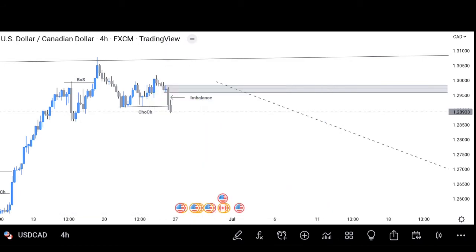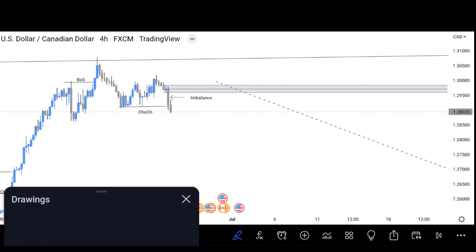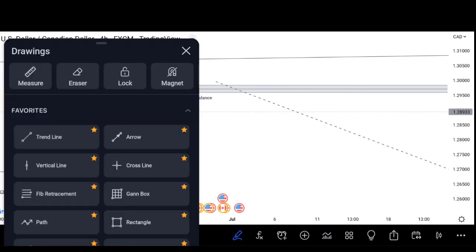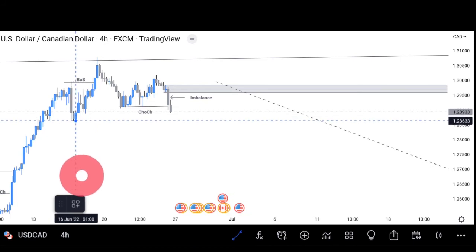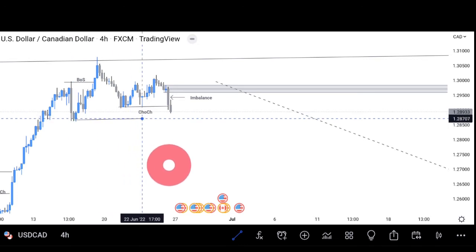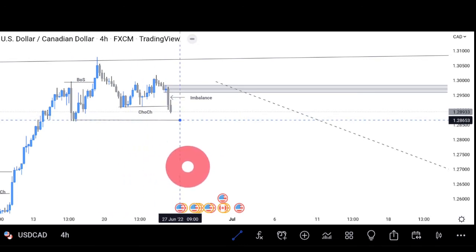Now, my expectation is that the market, after breaking structure and changing character here, is going to break this higher low to the downside and create a new lower low, because it will be breaking structure to the downside.